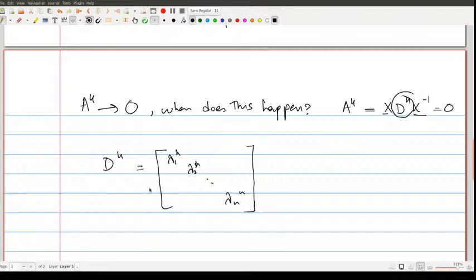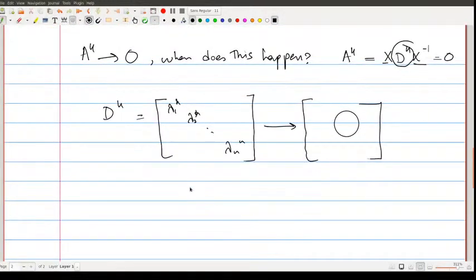So this matrix must approach the zero matrix, right? And that can happen when each of these individual powers approaches zero. So when does this happen, that an individual number, when multiplied k times, approaches zero? When do powers become smaller and smaller? That happens, of course, when all the eigenvalues have absolute value less than 1.